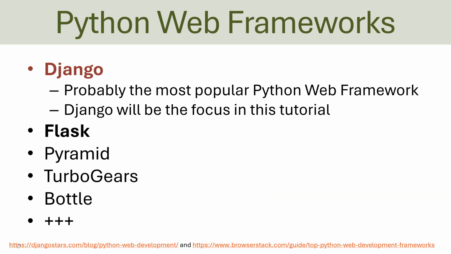There exist also many different types of web frameworks where Python is used as a programming language. And in this tutorial we will focus on Django, and Django is probably the most popular Python web framework today. Another popular Python web framework is Flask, and we have also other types of Python web frameworks out there.